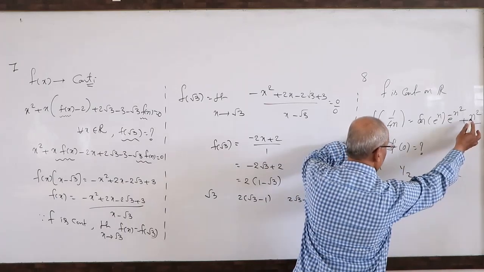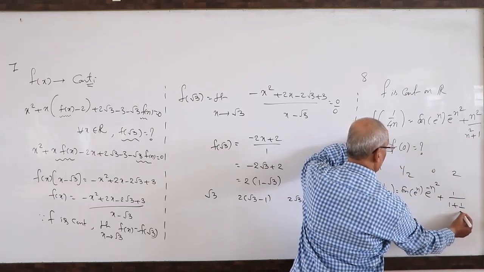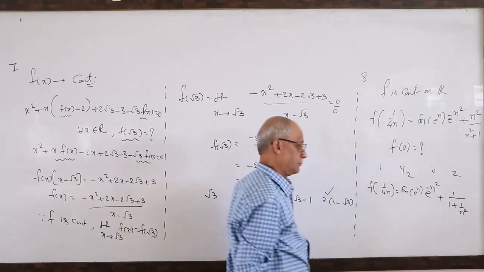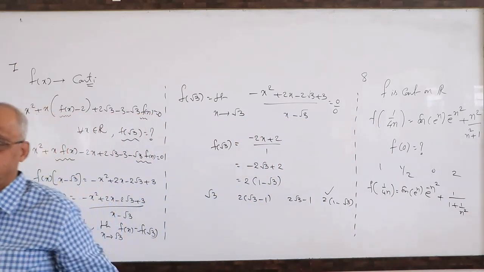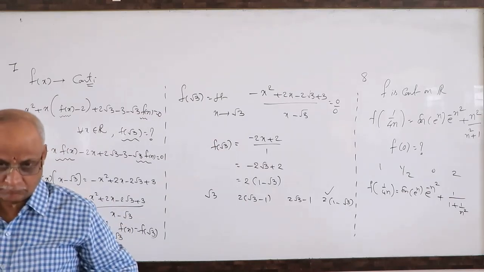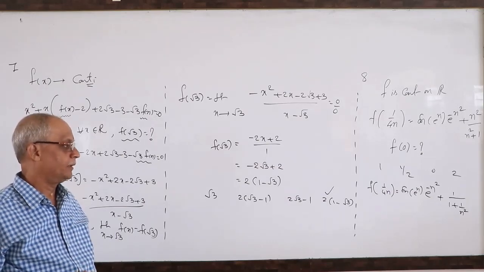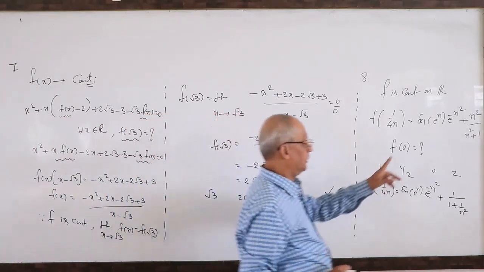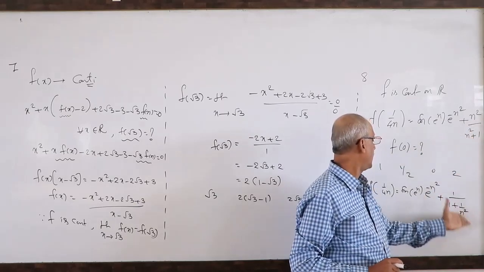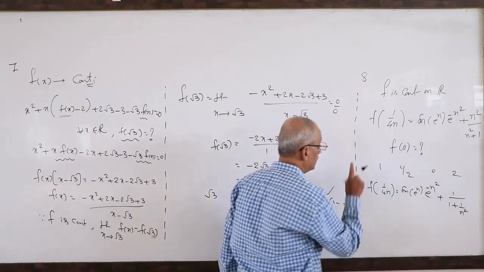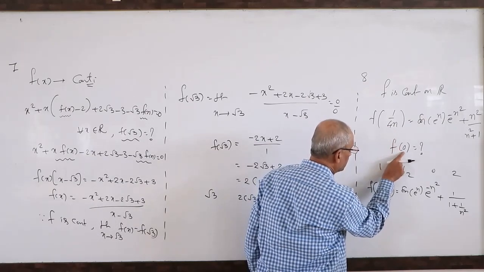Here, divide by n square everywhere. Just here every term we are dividing by n square. Now you see here, they gave 1 by 4n, they want 0.